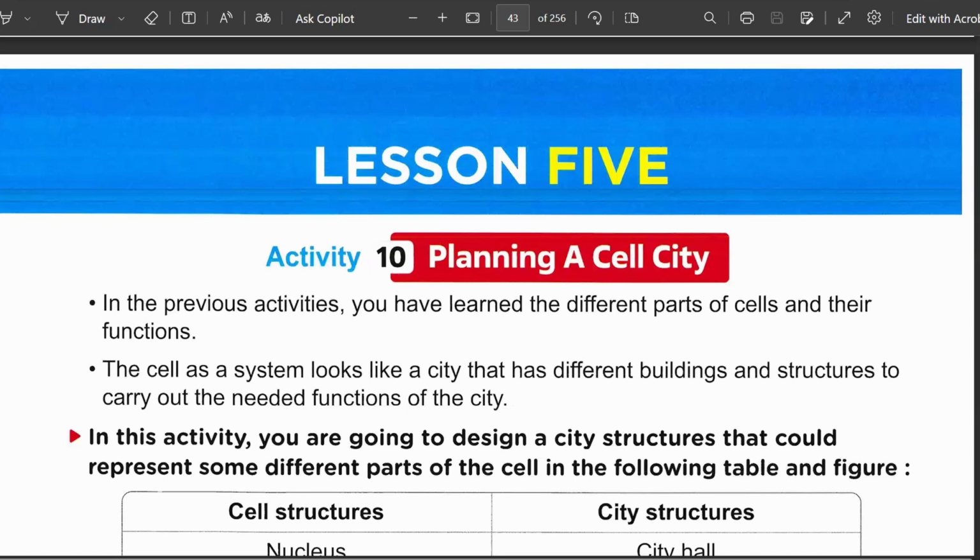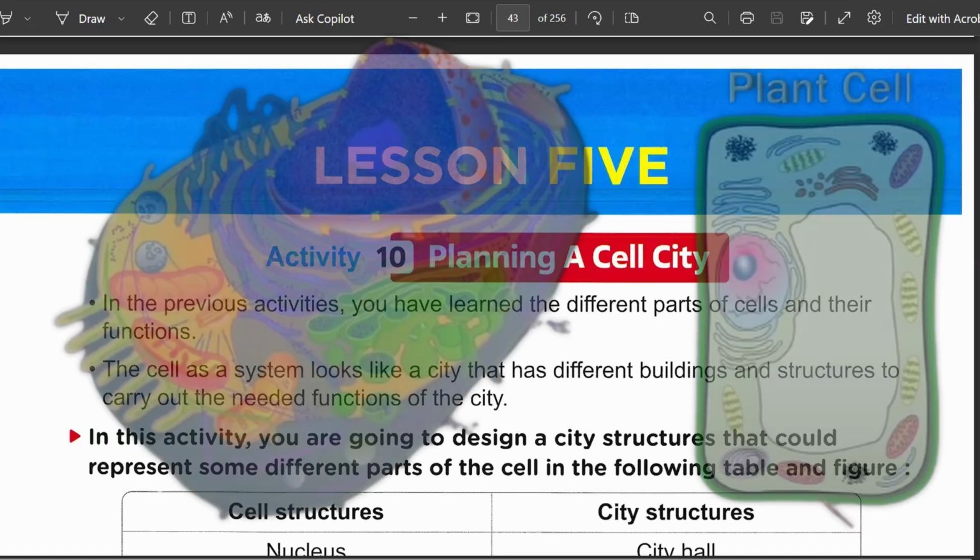And also in lesson 4, we learned the difference between plant cell and animal cell.